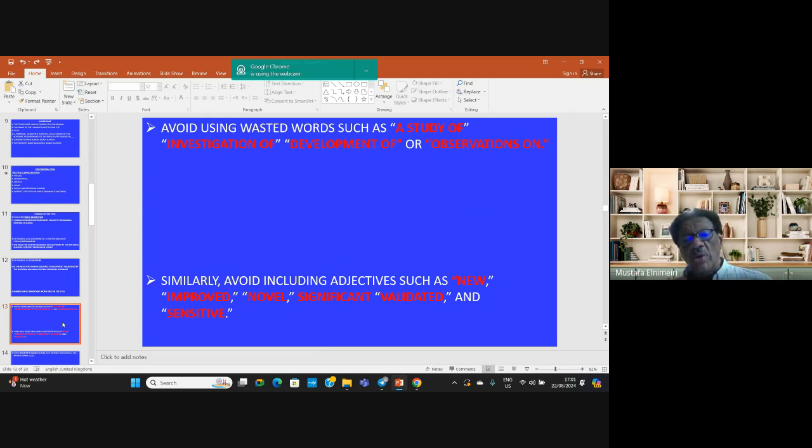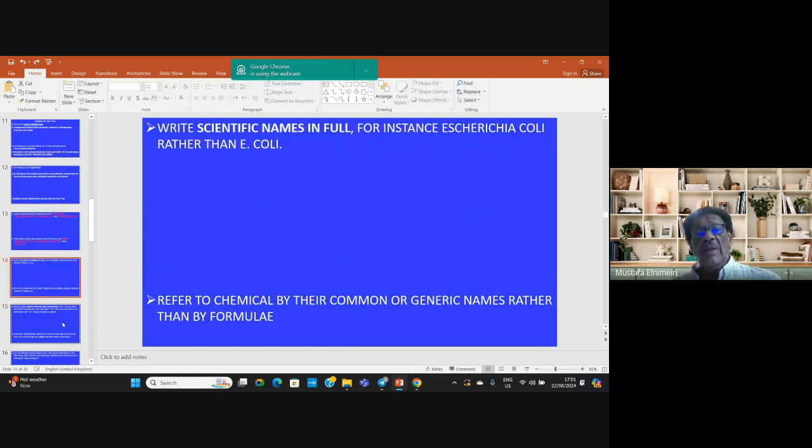Similarly, avoid including adjectives such as new, improved, novel, significant, important, validated, and sensitive. Write scientific names in full, for instance, Escherichia coli rather than E. coli, Entamoeba histolytica rather than EH, and it is better to refer to chemicals by their common or generic names rather than by formulae.